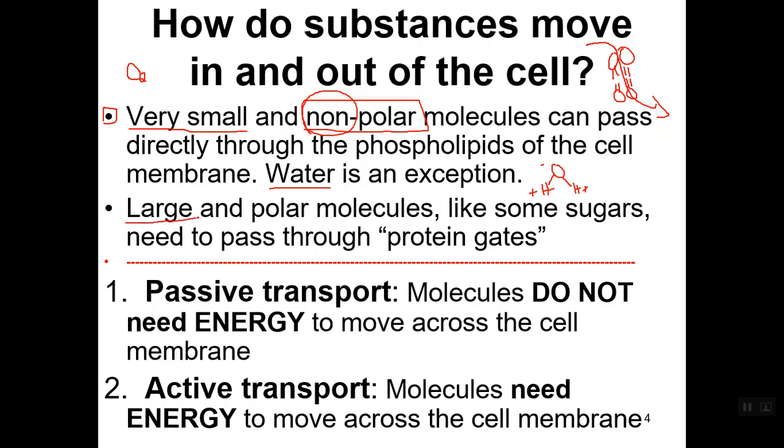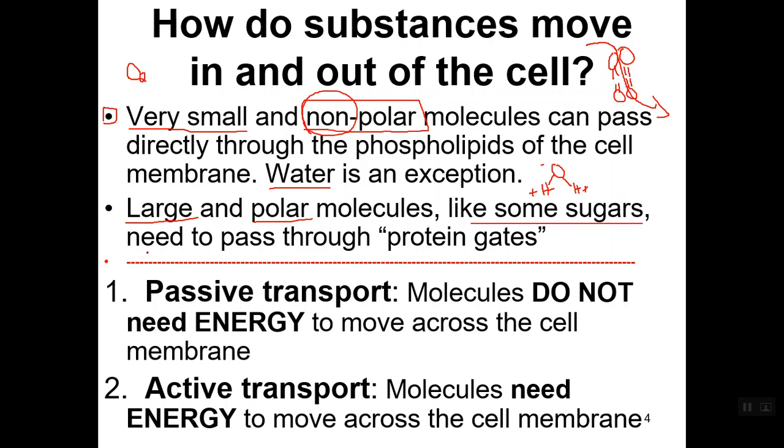So that is the one exception. If you're a larger molecule and or a polar molecule like glucose or amino acids, or pretty much anything other than some dissolved gases, you're usually way too big and too polar to pass through the membrane. The hydrophobic center of the membrane will reject you, so you need some help.